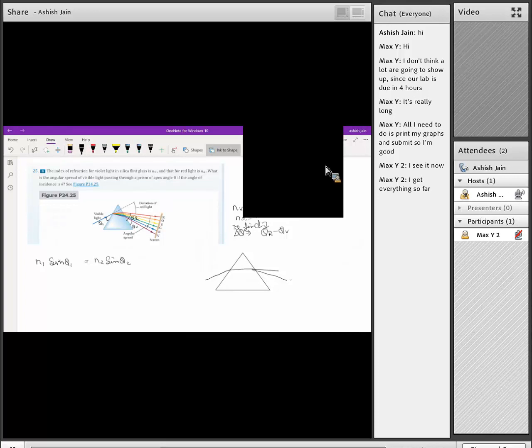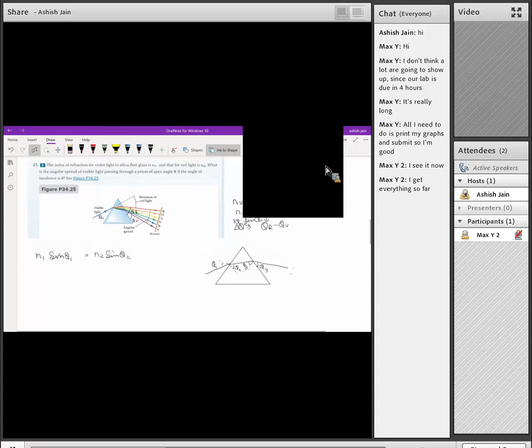This should be with respect to the normal: theta 1, theta 2, theta 3, and let's call the last one theta 4. n1 is 1, so it's from the air to the glass.